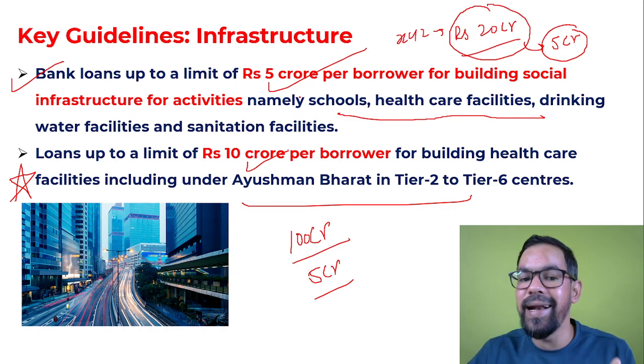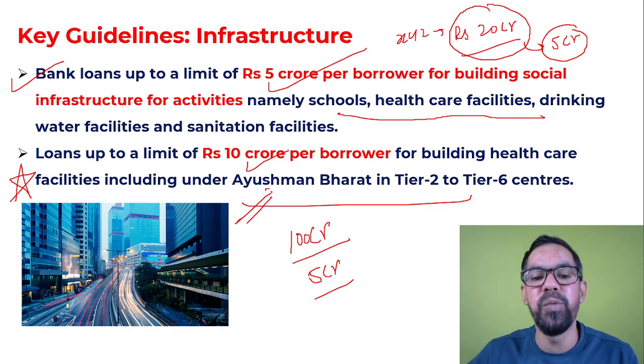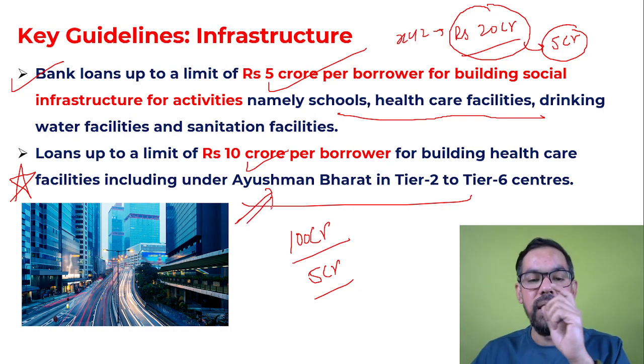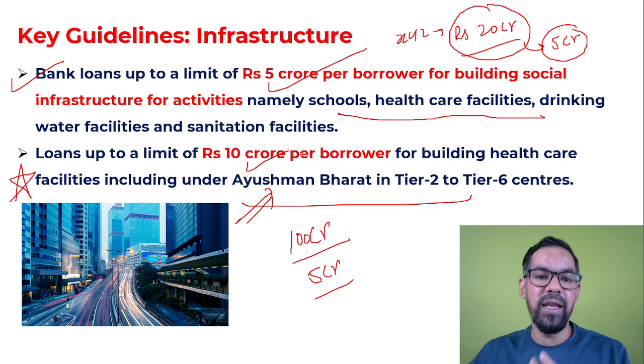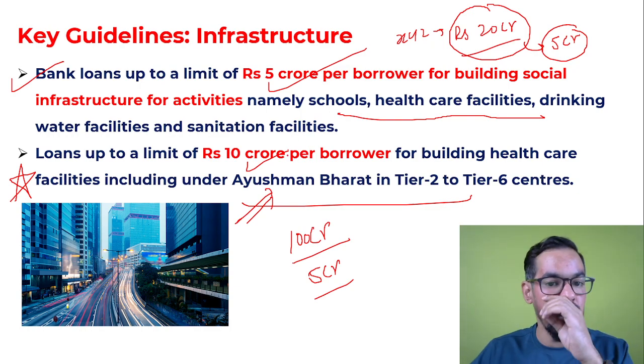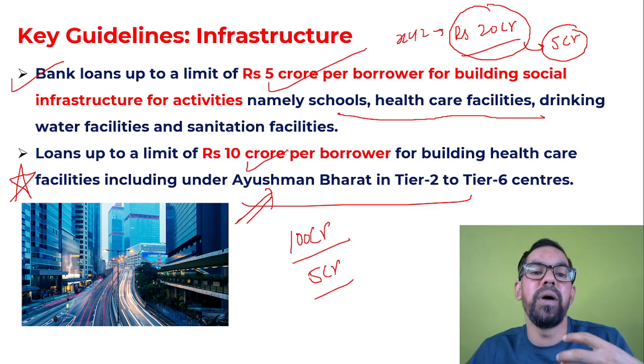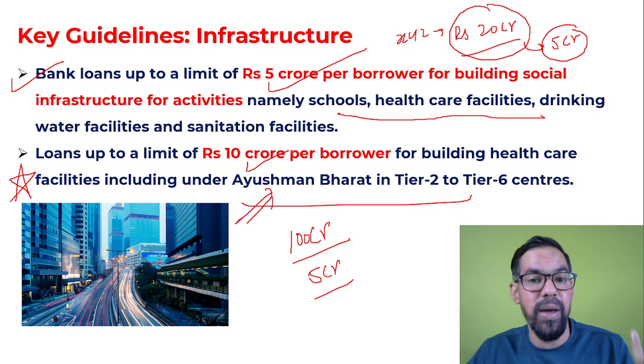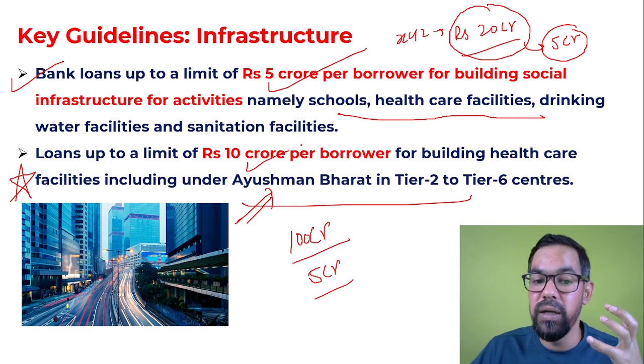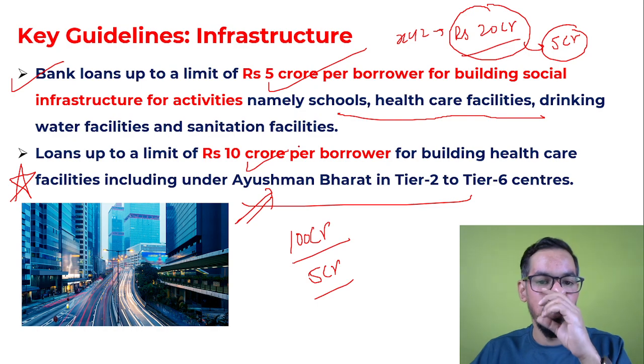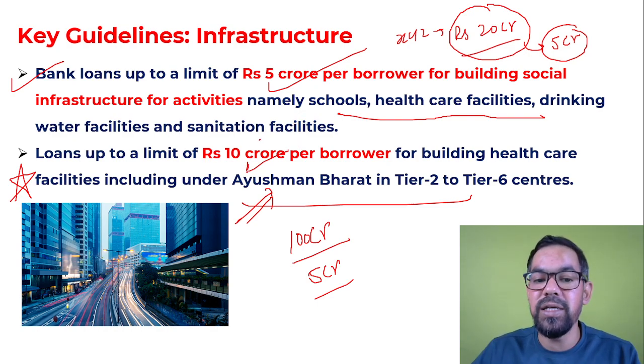But in a special category, under the Ayushman Bharat scheme, if any bank gives a loan for the construction of social infrastructure like hospitals, the limit is 10 crore rupees.